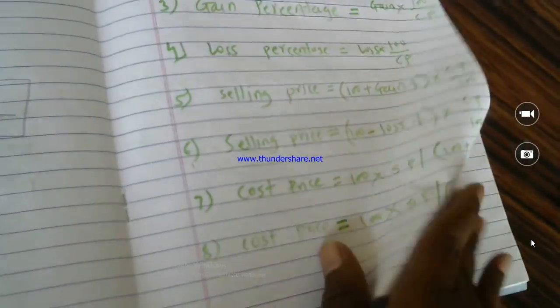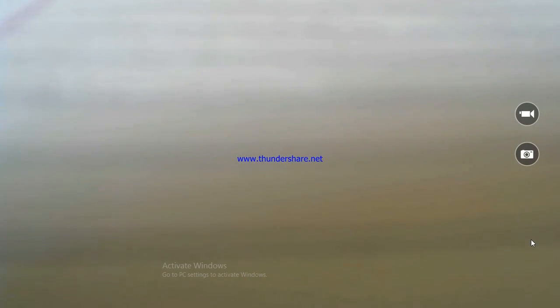Okay, I'm going to show it on the page over here. If you can see, one minute. I'm going to draw the diagram.